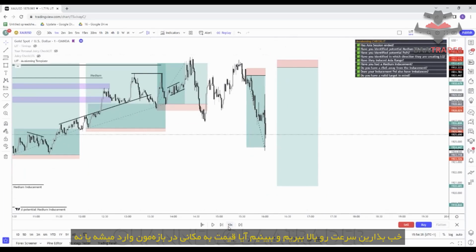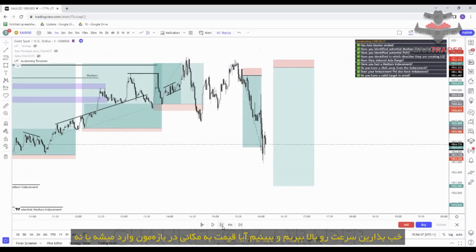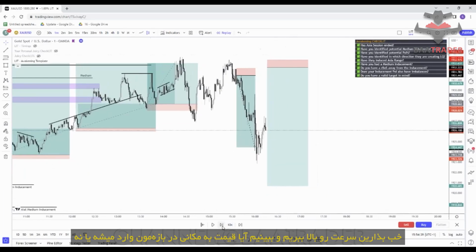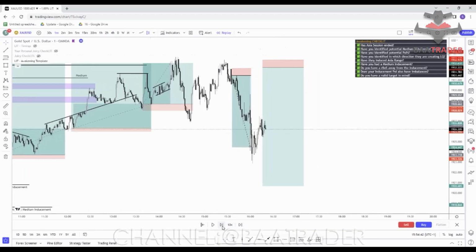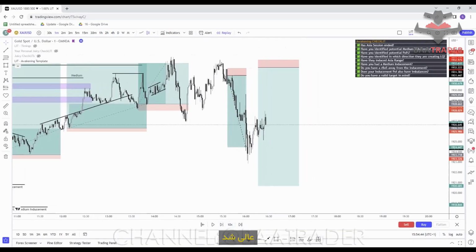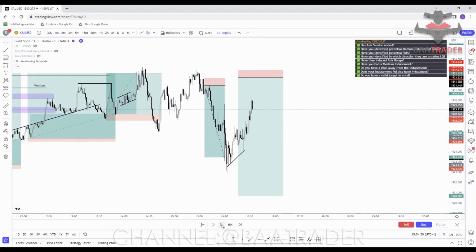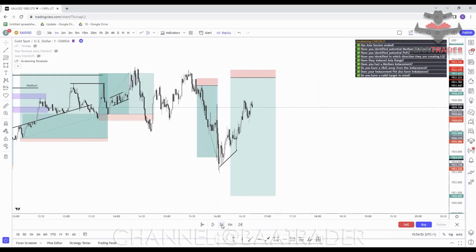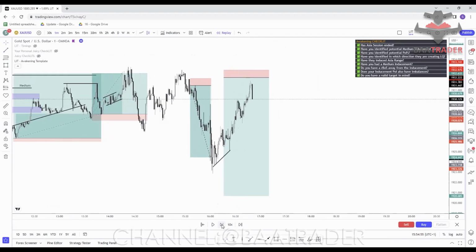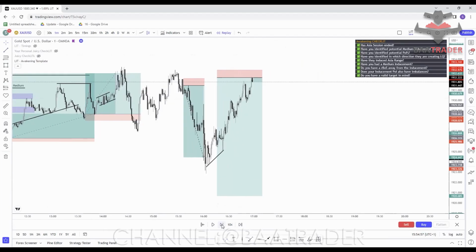So let's speed things up and see if price does get somewhere in our range. Oh, this is great. This is absolutely great. Perfect.